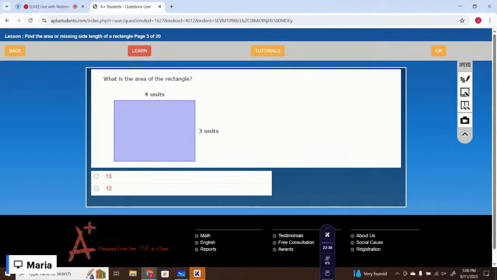What is the area of the rectangle? That is 4 times 3. Very good. 4 times 3 is 12. Option number 2 is the correct option.